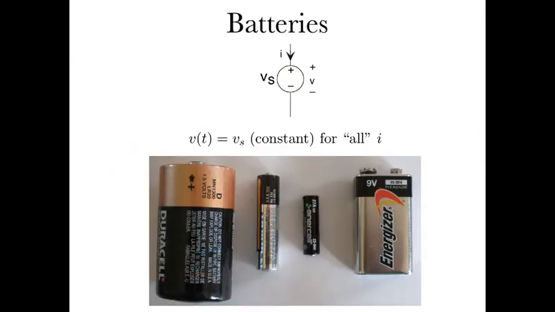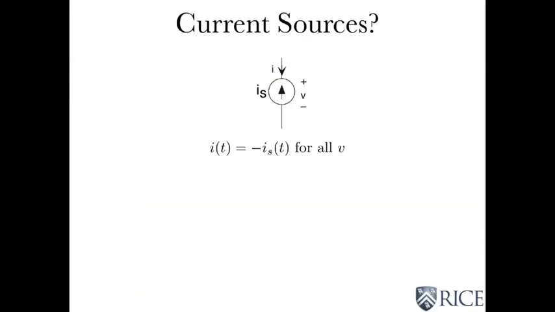Now, how about a current source? Well, a current source will provide a current no matter what voltage is across it. Providing a current means there's flow of charged particles going out of this device. If it's open circuited, where are these charged particles, electrons, going?